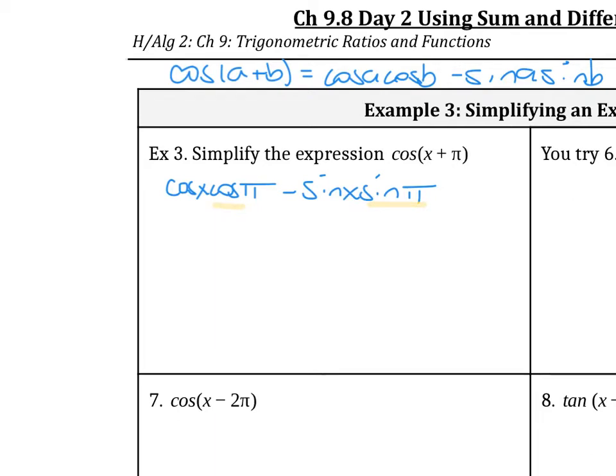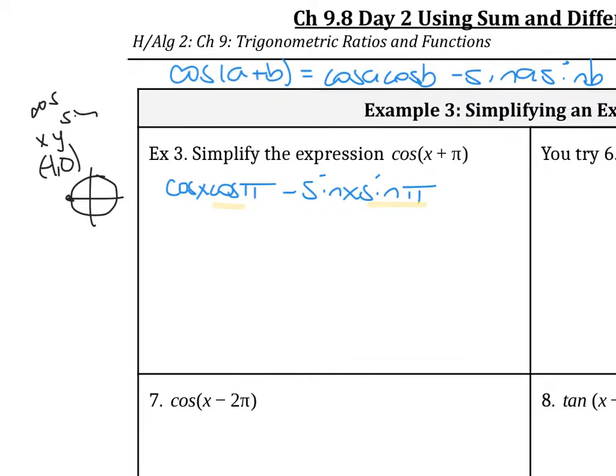At pi, the coordinate is -1, 0, right? The -1 is our x value, this is our y value, and remember that x is our cosine and y is sine.